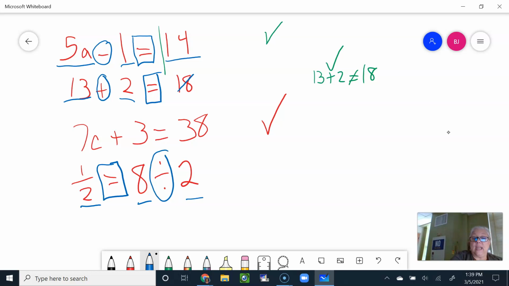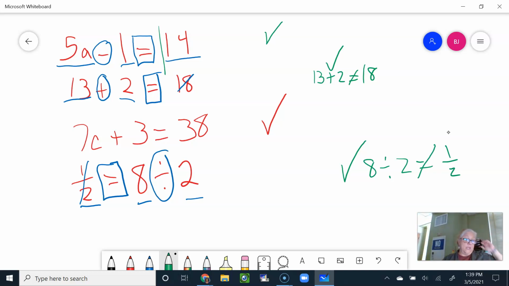However, this can't work because 8 divided by 2 is 4. 8 divided by 2 is not 1/2. So no, it is not an equation because 8 divided by 2 does not equal 1/2.